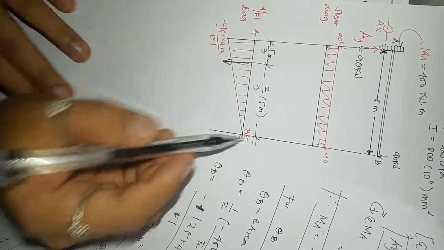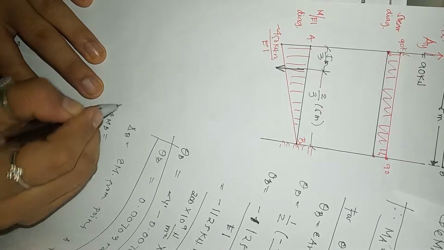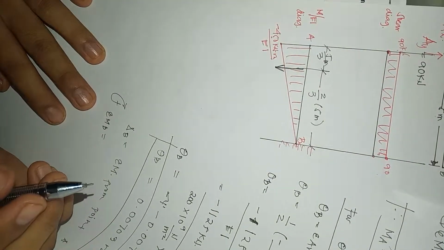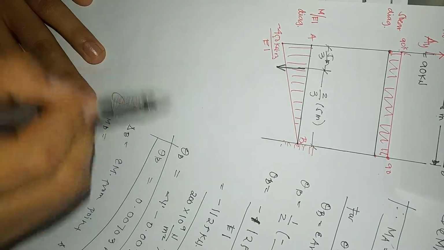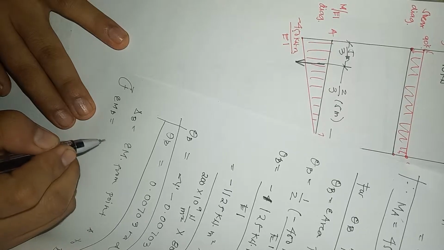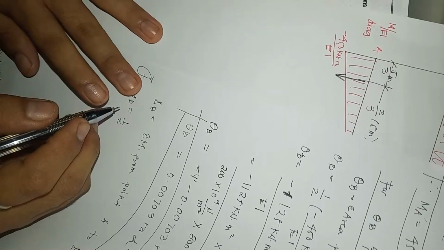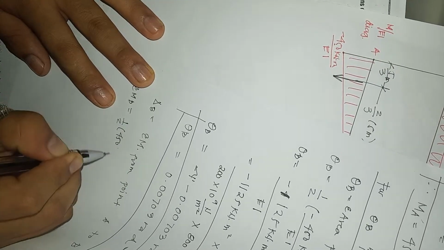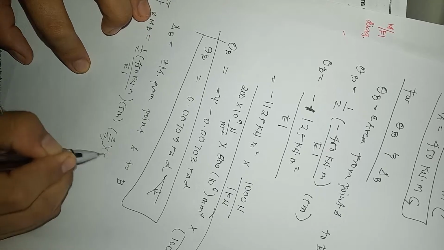So we are about to have a moment here. The summation of moment at B is equal to, consider positive, counterclockwise. So therefore, this counterclockwise, we have 450 kilonewton meter over EI multiplied by 5 meters by 2/3 by 5 meters.